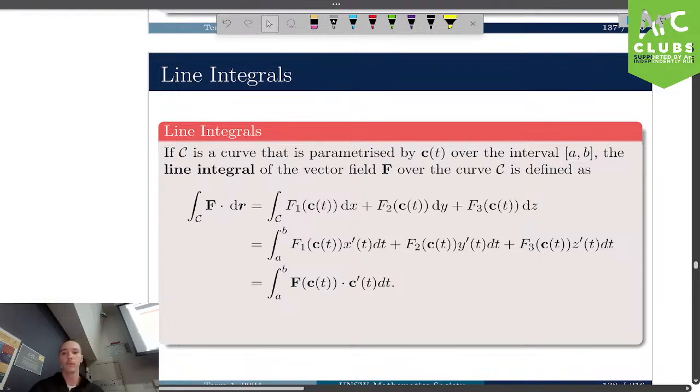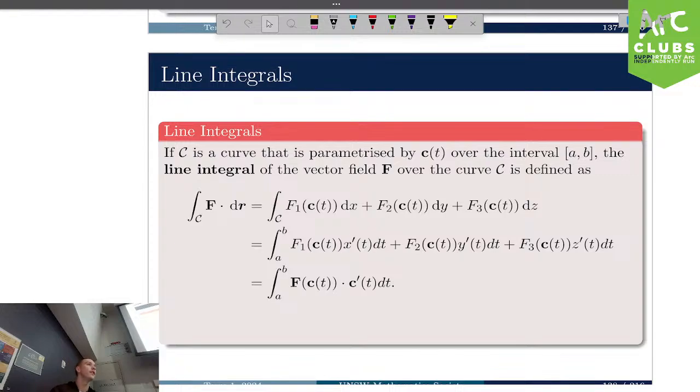Now, the next thing we have is line integrals, which is what we actually do with these vector fields. We take that curve C that we looked at just before, and parameterize it over some interval, typically a to b, usually 0 to 1. We define the line integral to be the integral of this vector field with respect to the position vector r.